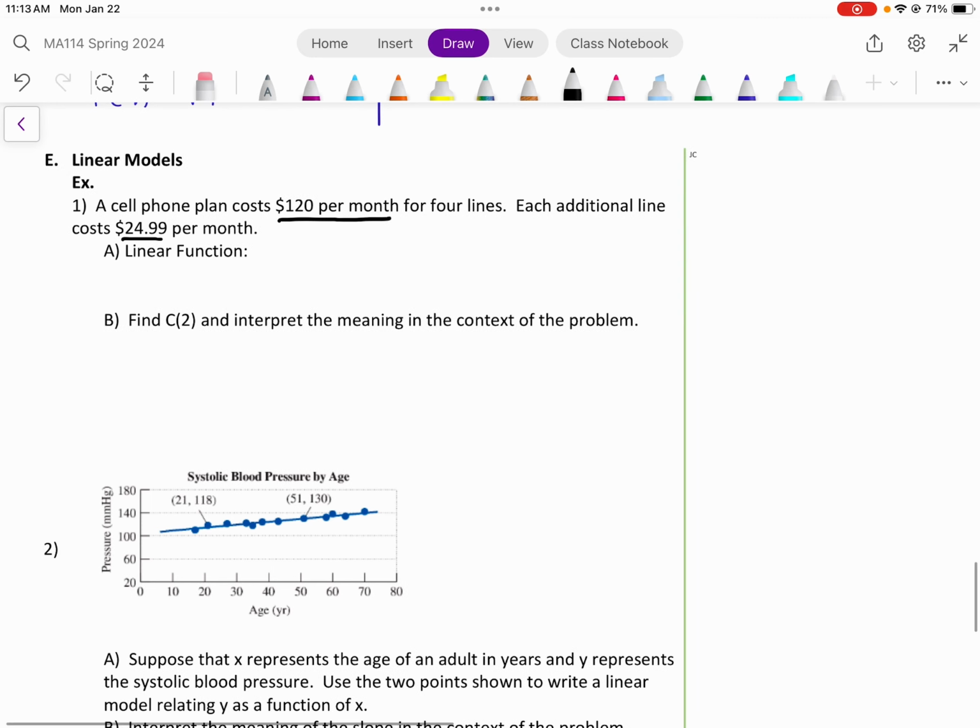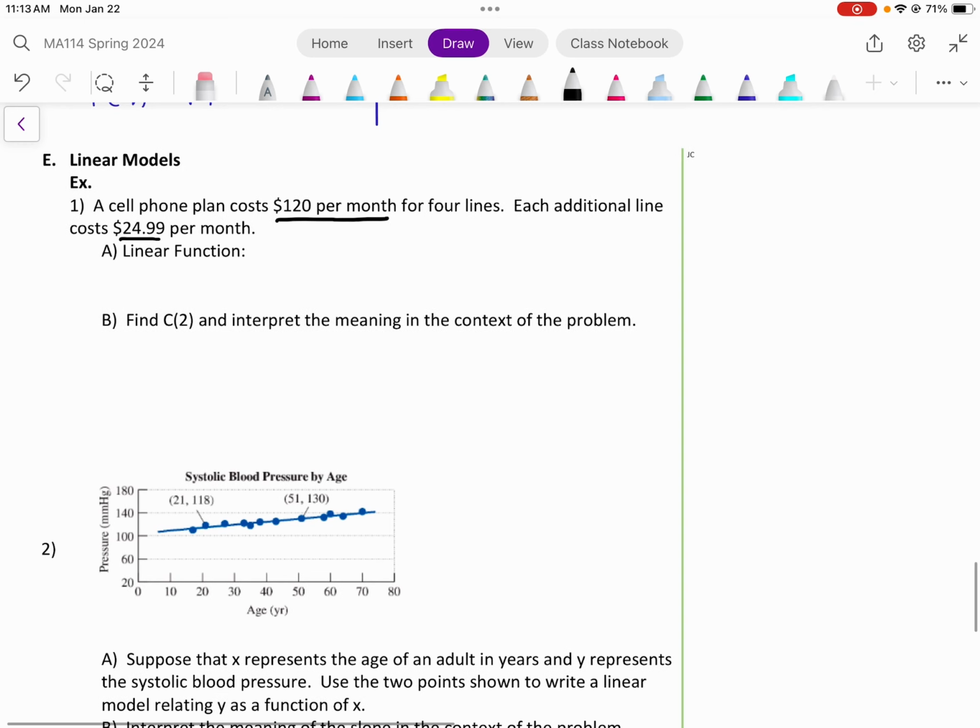We haven't studied those yet, so let me think for a second. I don't have my answer key in front of me today because it's at work. So let's just do this. Okay, yeah, let's keep it this way. We'll make it simple, $24.99 x plus 120.